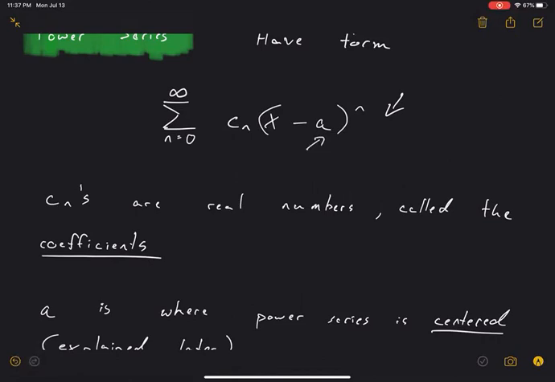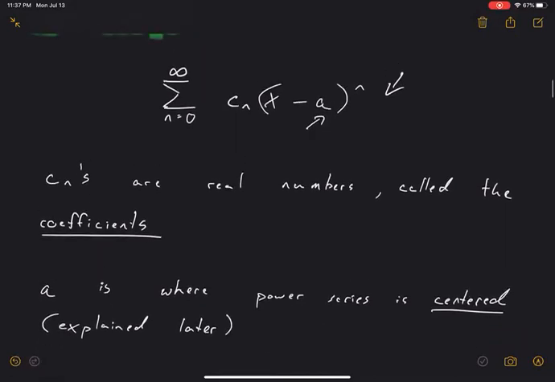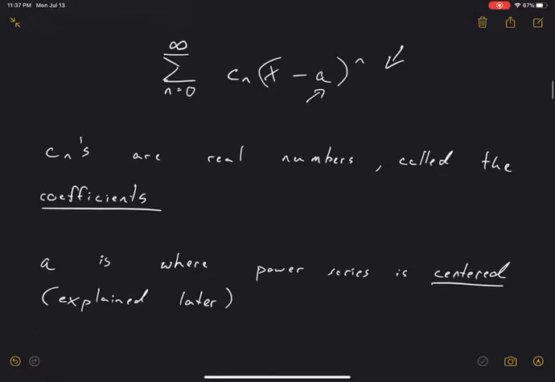What is this a? This a is where our power series is centered, and I'm going to explain what that means in a little bit. This number a is also a real number. These c_n and this a are fixed. If I have a particular power series, these c_n and this a are fixed, and then this x is my independent variable. I can plug in different values for that x.